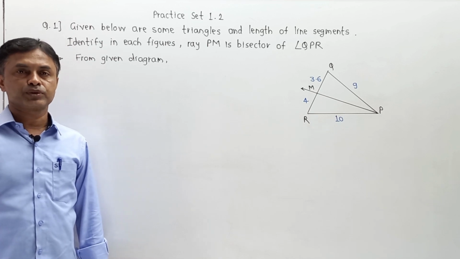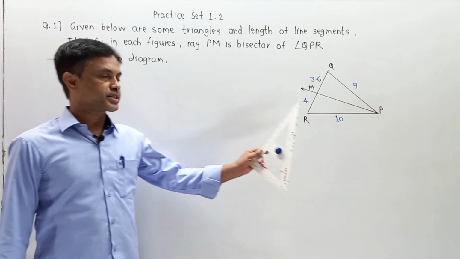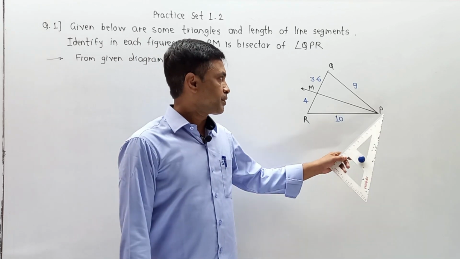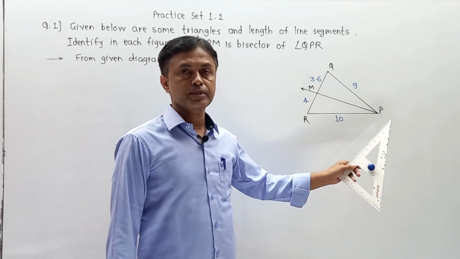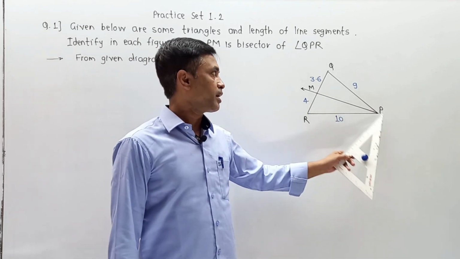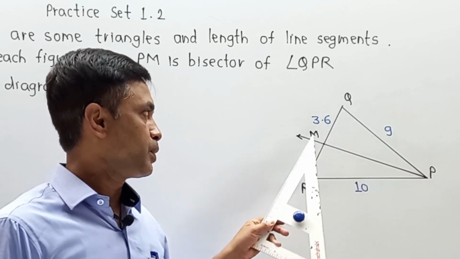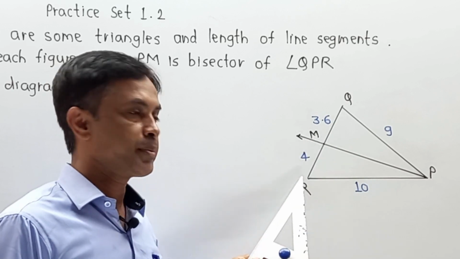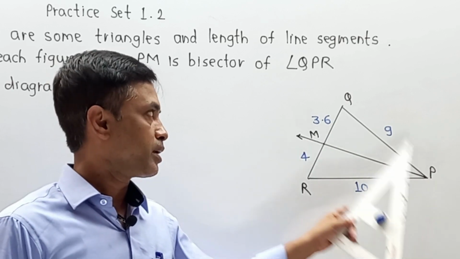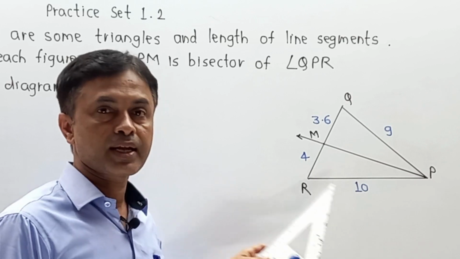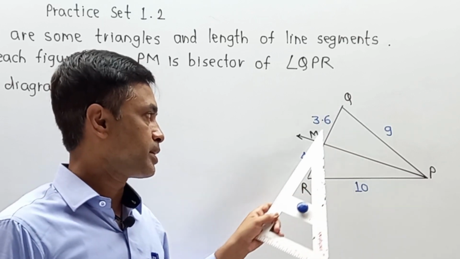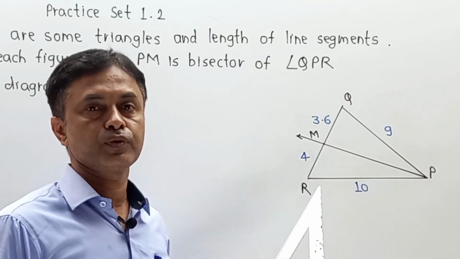Now moving to the third question. First of all, try to understand the diagram over here. They have given us a triangle PQR, and as per the data they have given PQ as 9, PR as 10, QM is 3.6 and MR as 4.